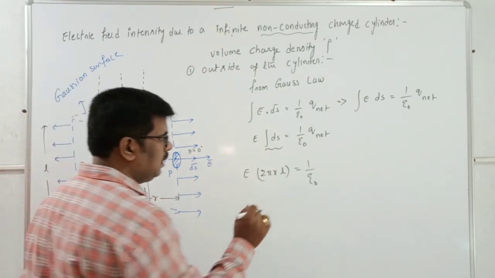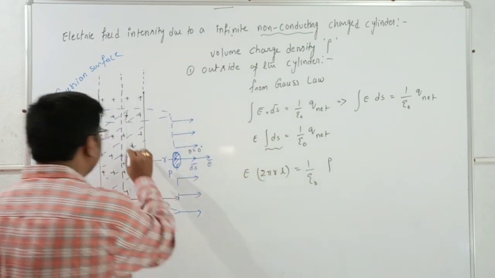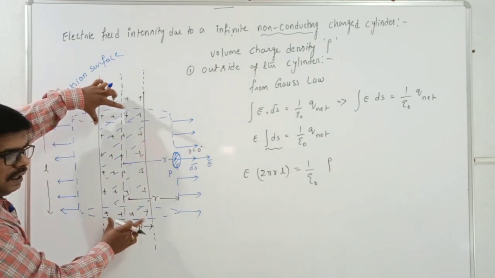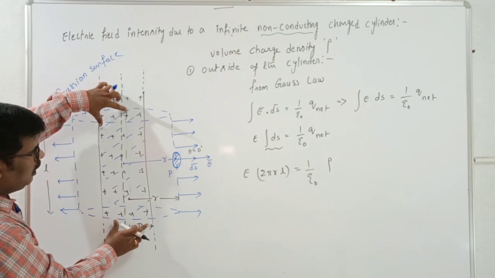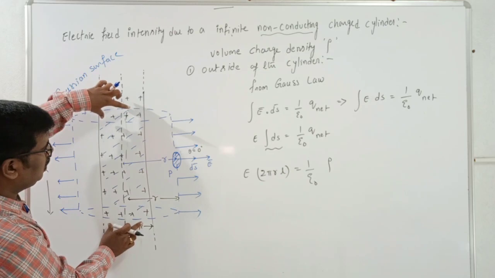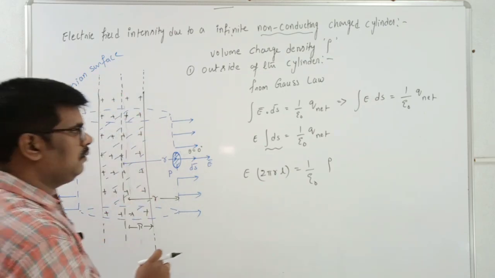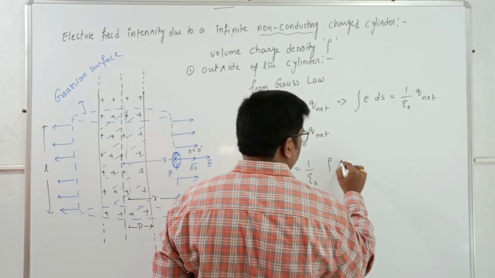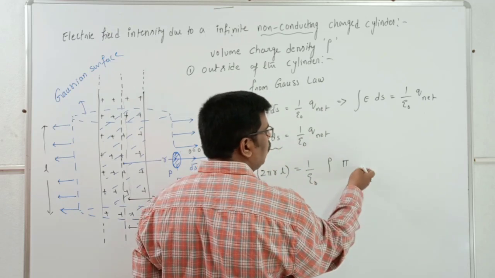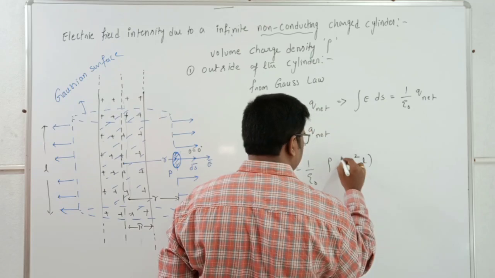Therefore q net is volume charge density into volume of the cylinder. The volume of this part of the cylinder is area into length, that is pi r square into length L. So the charge enclosed by this Gaussian surface is rho into pi r square into length L.